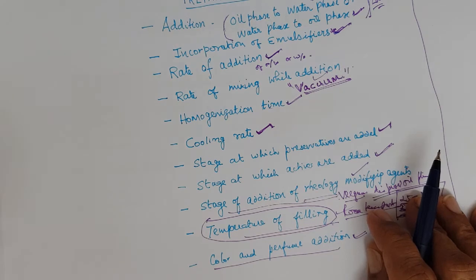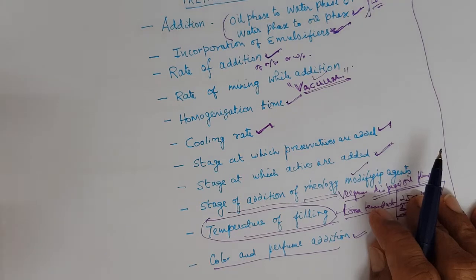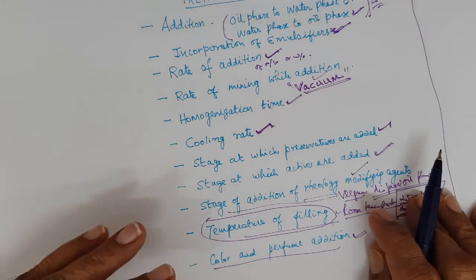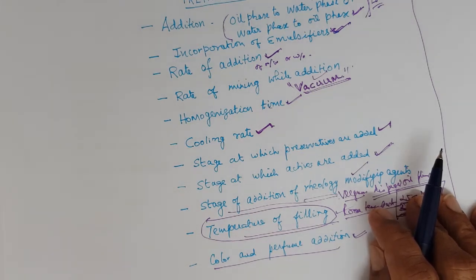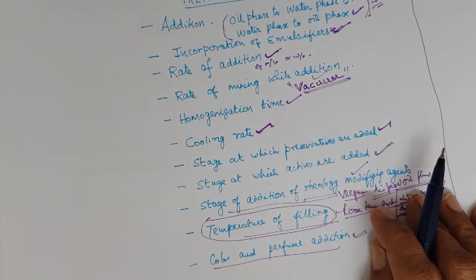Otherwise, if the rate is specific to the emulsion, for example, some emulsions are designed in such a way that when you add one phase to the other, one type of emulsion is formed first, oil in water, which subsequently reverts into water in oil. That is called the reversal of the emulsion.